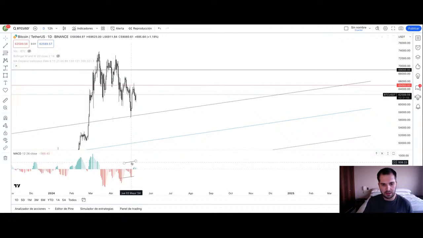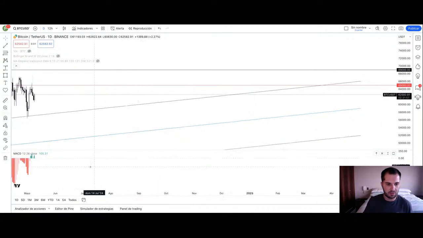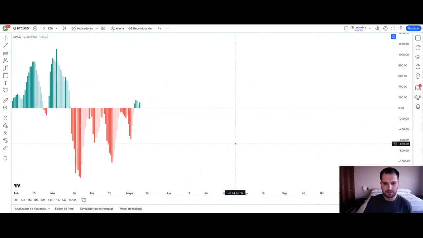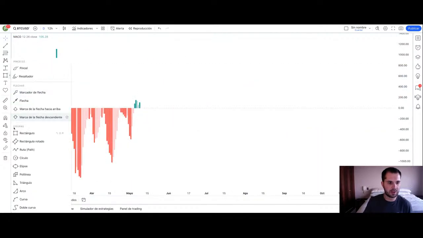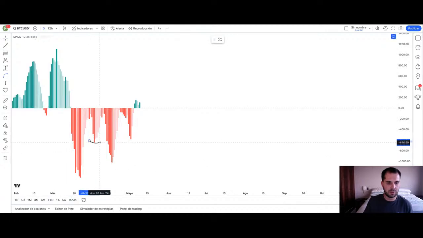On the daily, we don't have that much of an edge yet. We just had this funny looking inverse head and shoulders on the MACD histogram. You can basically do charting here.